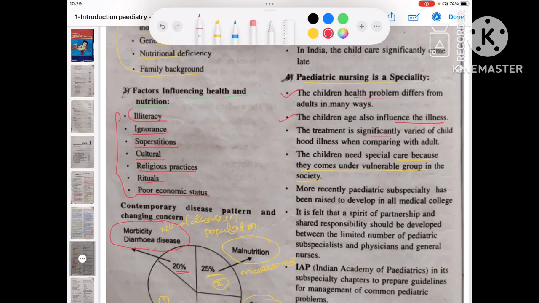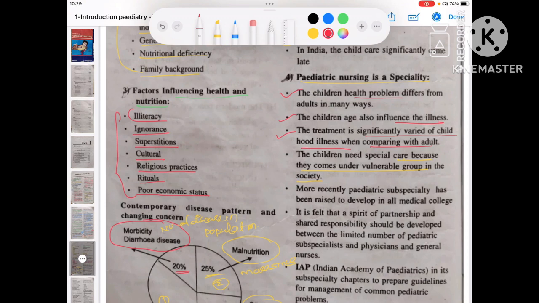Treatment varies significantly in childhood illness compared to adults. Definitely, we will give a tablet or medicine to children very differently from adults. For example, Dolo 650 we will give to the adult, but we won't give that much amount to children. We will give paracetamol to the children.